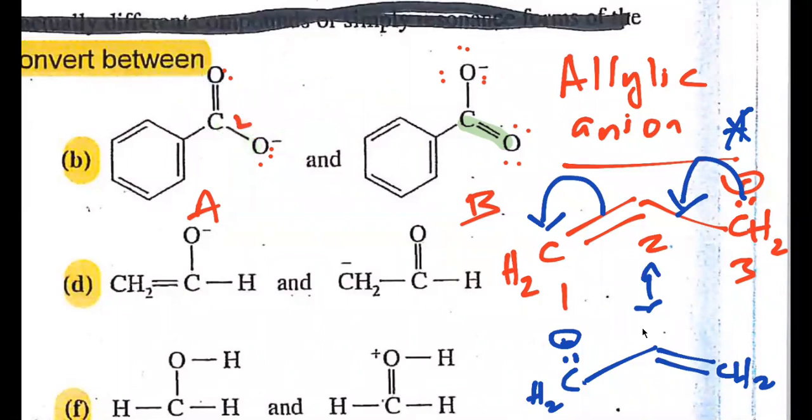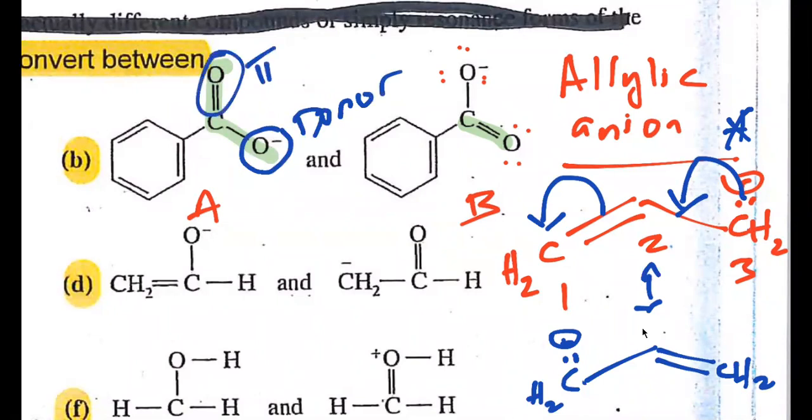Can you see that pattern here? Where you have your negative charge donor here, and you've got your pi bond here. It's the same pattern, just different atoms. Can you see that? Yes or no? Yes.